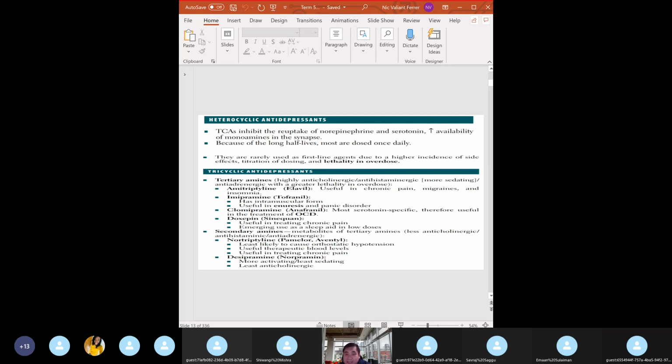Secondary amines, however, have fewer HAM side effects. Example, nortriptyline, high yield, least likely to cause orthostatic hypotension, useful in treating chronic pain, and desipramine, more activating and least sedating. It has the least anticholinergic effect of all of your secondary amines. Question, guys. The treatment for TCA overdose is what?